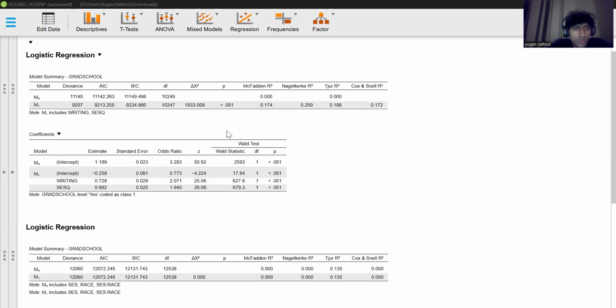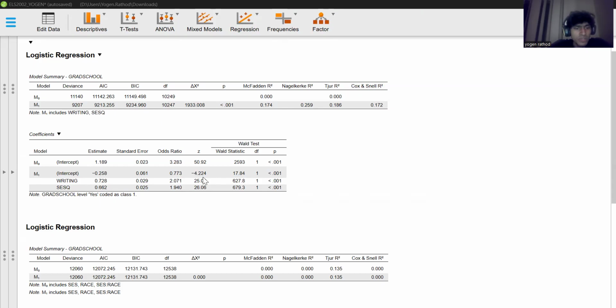The writing score was a significant predictor, where p was less than 0.001. The odds ratio of 2.07171 indicates that for every 1 unit increase in writing score, a student is about 2.1 times more likely to attend graduate school, holding SES constant.